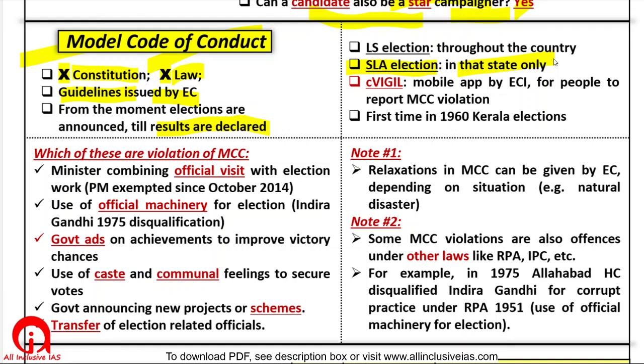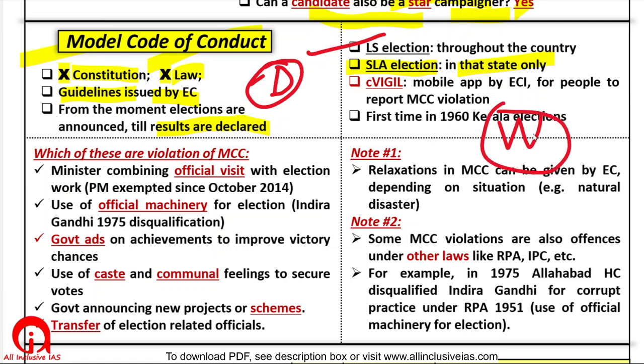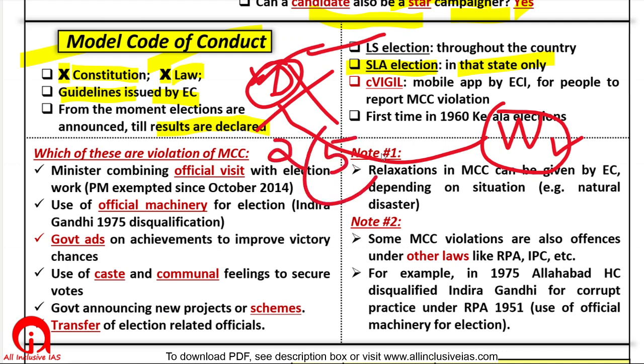Because all over India there may be elections after every 6 months, but if you are living in Delhi, then MCC will apply only during the Lok Sabha election and when elections are there for the Delhi government. When West Bengal elections are happening and MCC is applicable in West Bengal, during that time MCC is not applicable to Delhi. So in Delhi MCC will be applicable only, let us say, 2 times in 5 years.